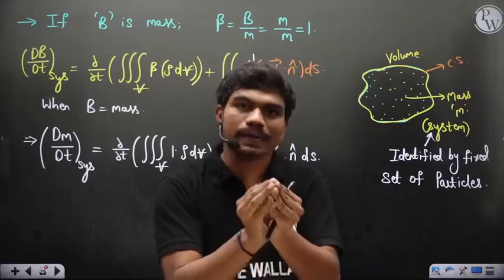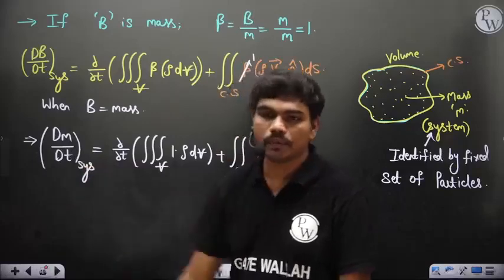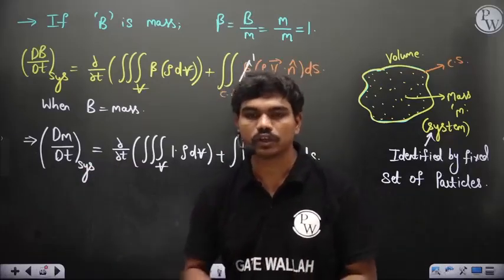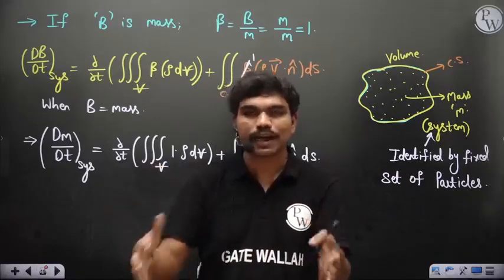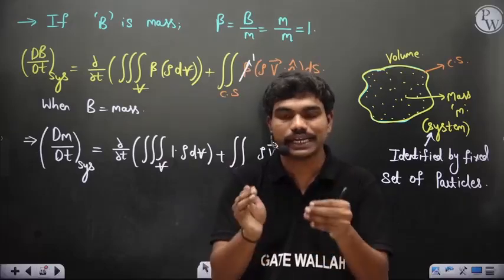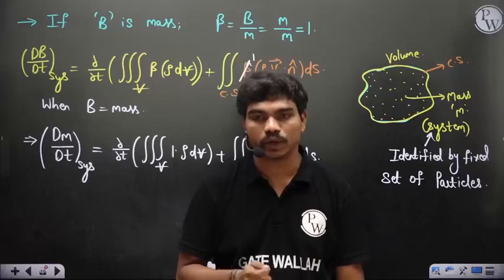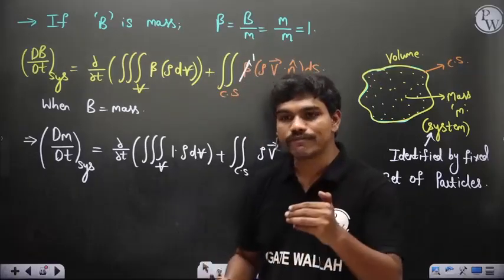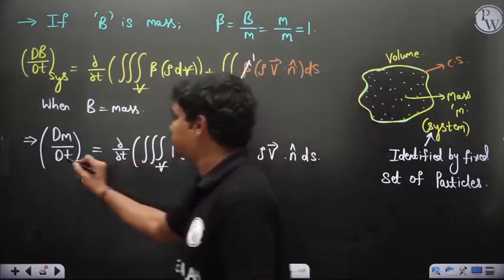So if the particles don't change, what happens to mass of the system with time? Will it change or won't it change? Please type in the chat box. If system is identified by a set of particles and I am not changing my system all over the analysis, then mass of the system will change with time or will not change with time? It won't change, correct? So mass of the system will not change with time. So if mass of the system does not change with time, इस expression 0 होगा पक्का.